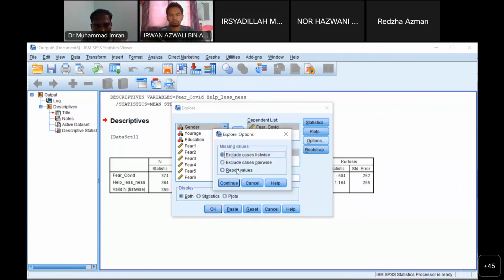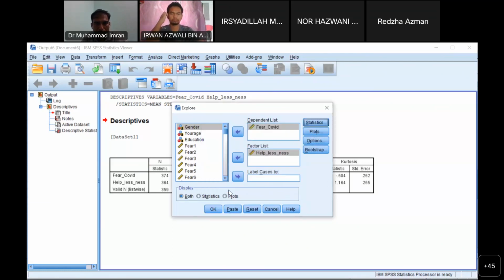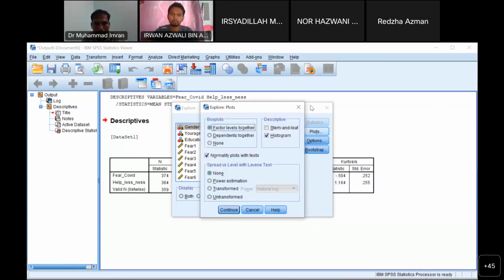Plots are in options. Exclude cases pairwise in the options. Estimate outliers: you can also see the outliers from here. Only plots, if you want to see the plots only.